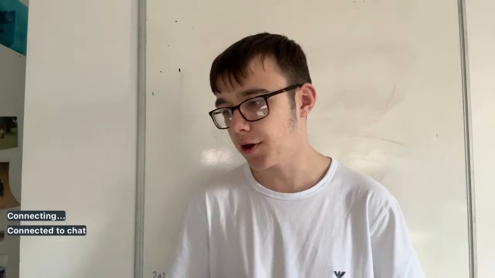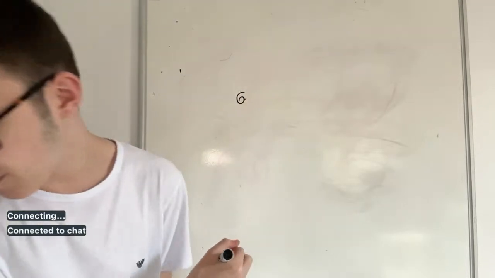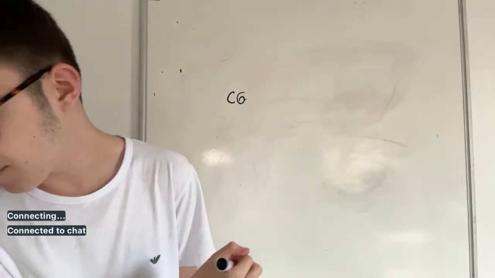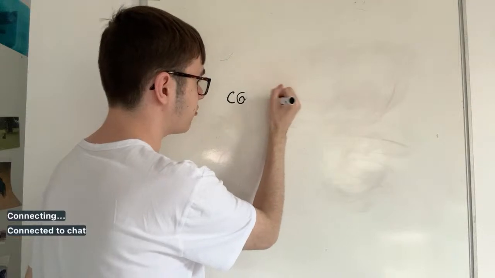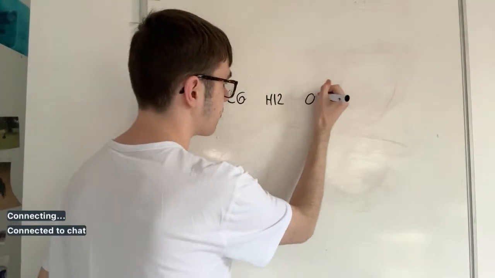Let's go to question 1.2, see what they said. Oh, this is the raffinose question. This is the question where you get given the formula of 6 carbon, 12 hydrogen, and 6 oxygen.